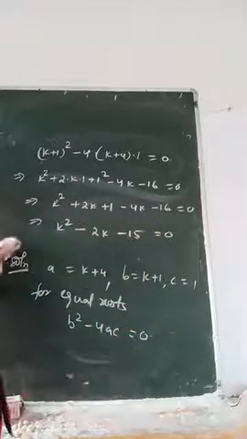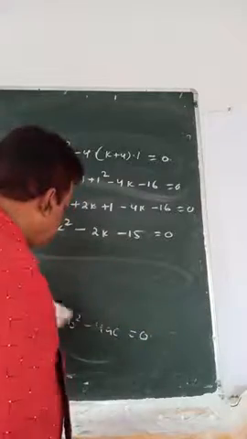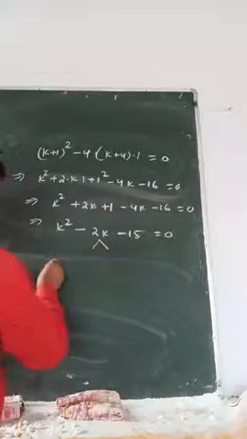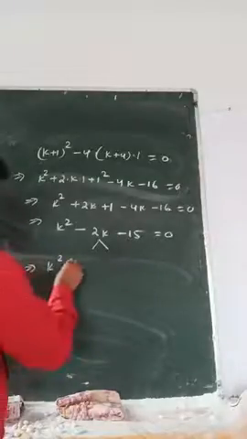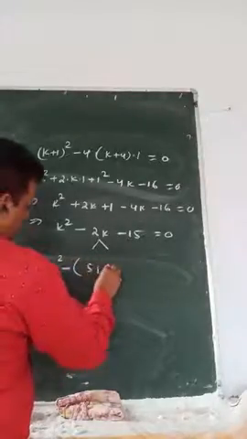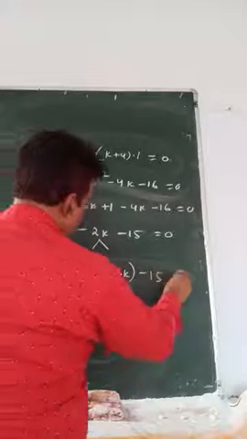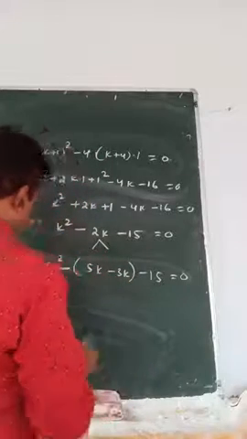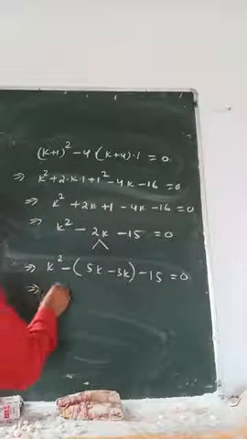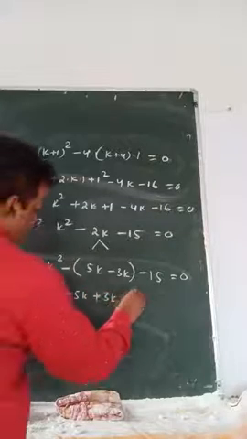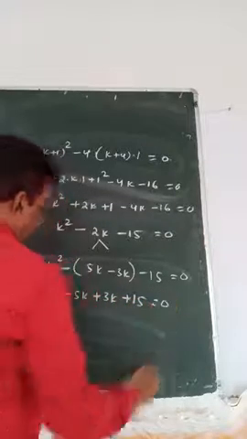So again quadratic equation. So by splitting the middle term we can do. You can split it. 5 3s are 15. 5k minus 3k minus 15 equals to 0. Now you open the bracket. Minus 5k plus 3k minus 15 equals to 0.